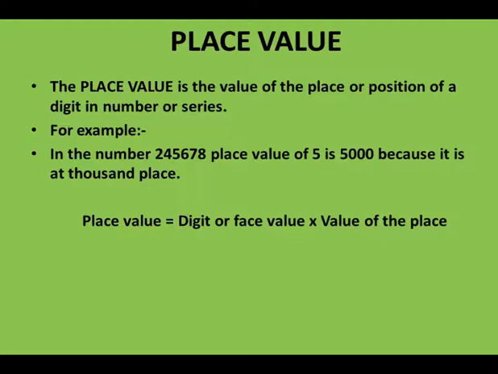So place value is based on the digit or its face value, that is 5, and the value of the place where it exists, that is units, tens, hundreds and thousands. So we multiply the digit by 1000, so 5 multiplied by 1000, we get 5000 as its place value.